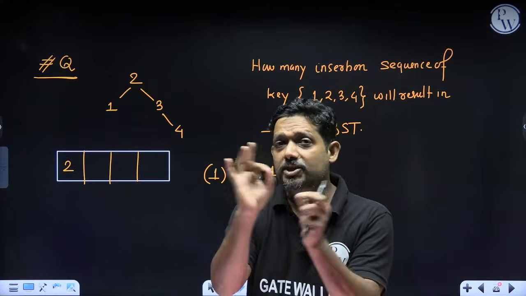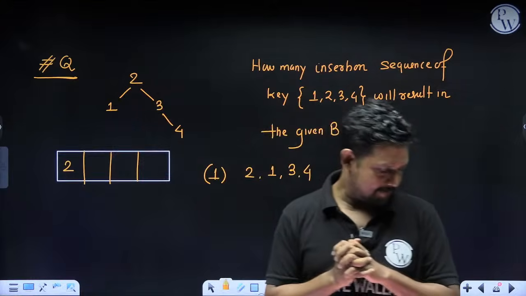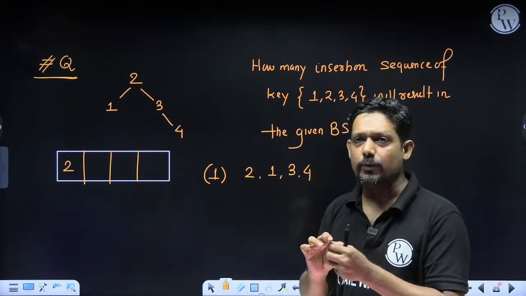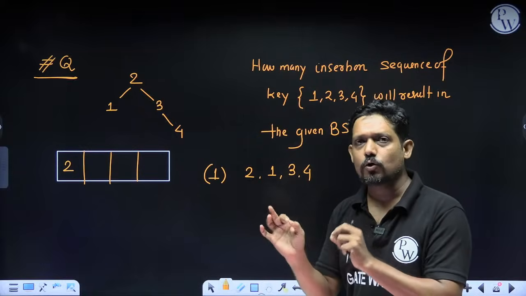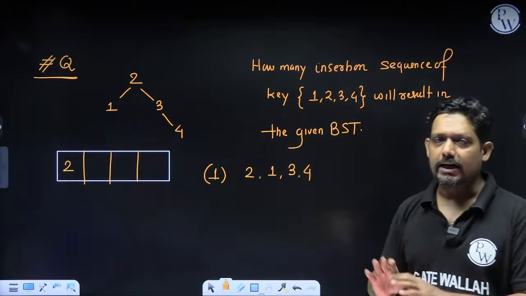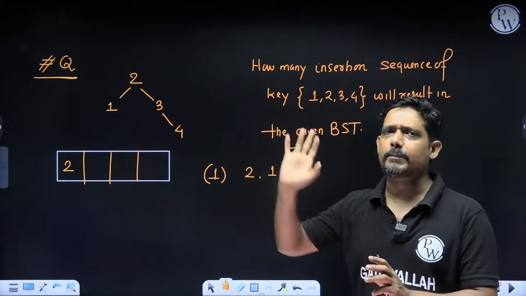Can 4 come before 3? Is it possible that if 4 comes before 3, the same tree will be generated?